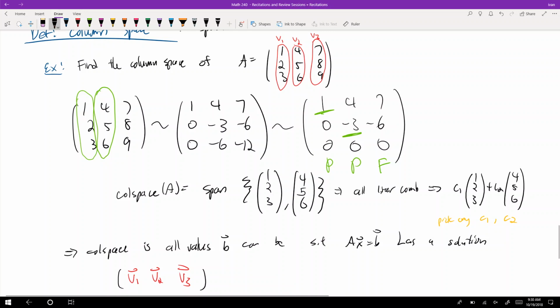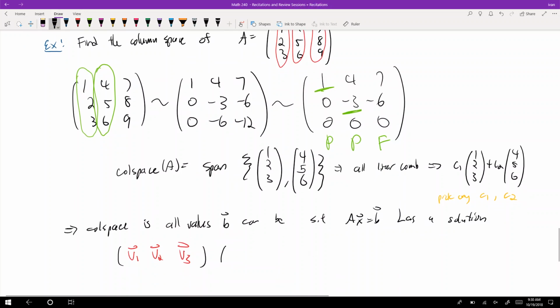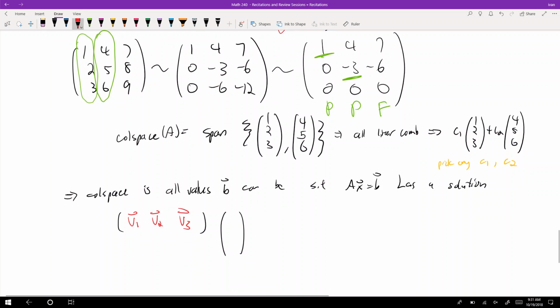And we multiply it by the unknown x vector. So now this is A, this is x. What dimension does x have to be? It has to be 3 by 1, because I have a 3 by 3 square matrix. So this would be x1, x2, x3.